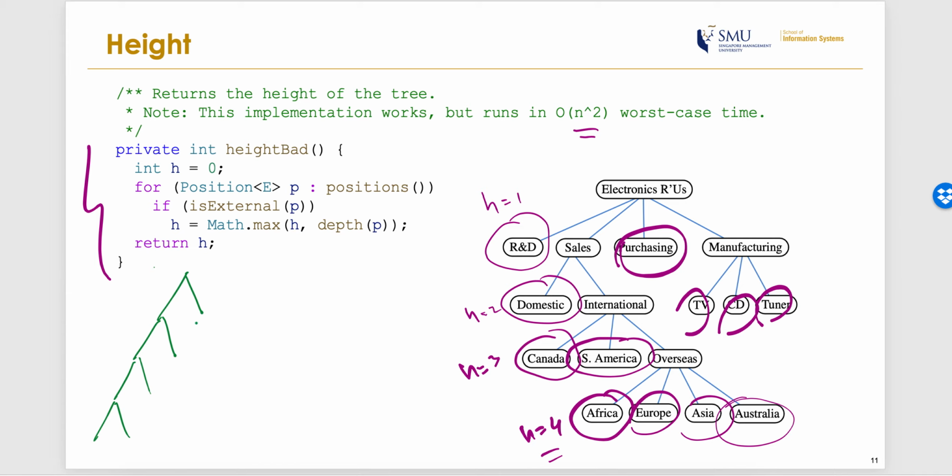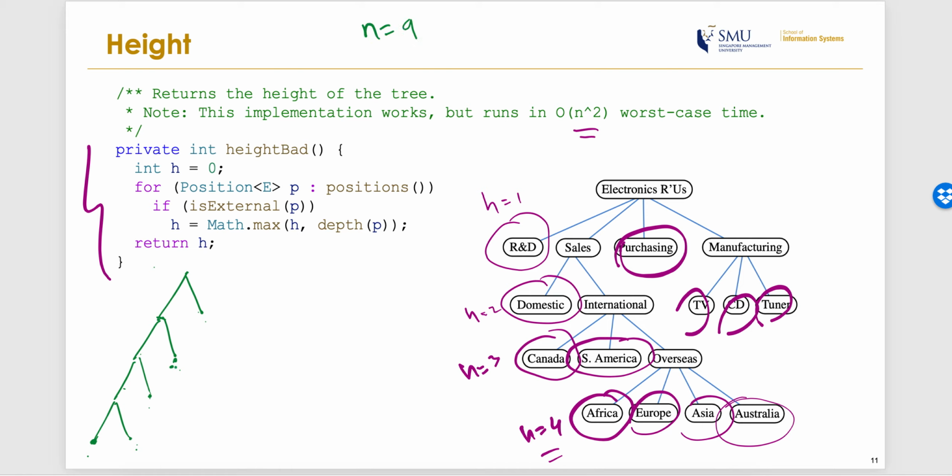If we count how many external nodes there are, we have 1, 2, 3, 4, 5. There are 5 external nodes. And we count how many total nodes there are. Well, 1, 2, 3, 4, 5, 6, 7, 8, 9. I'm sorry, there are 9 of them. So let's call that n equals 9.